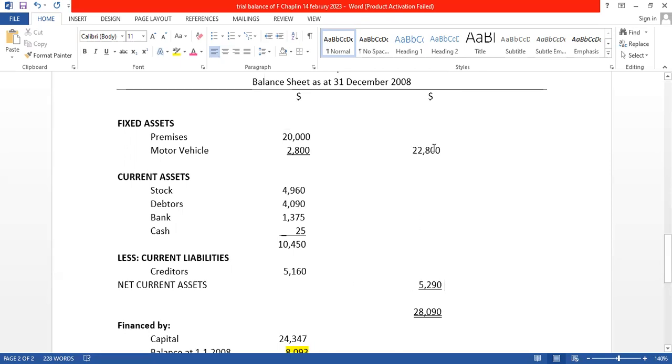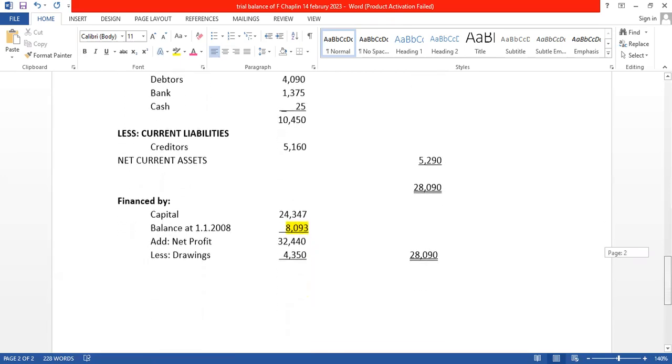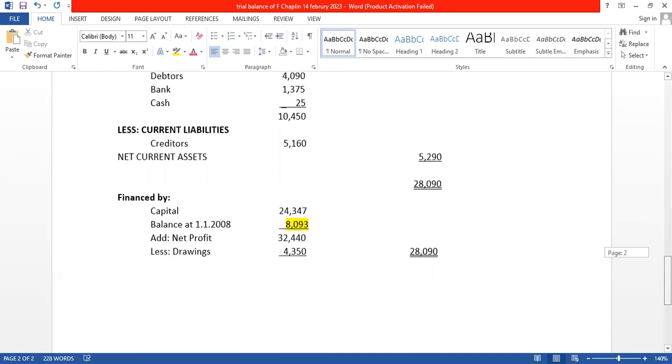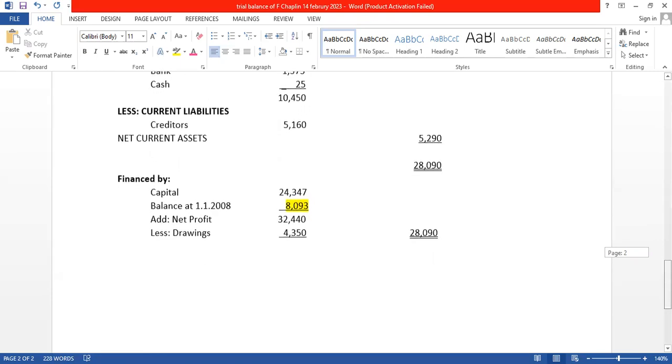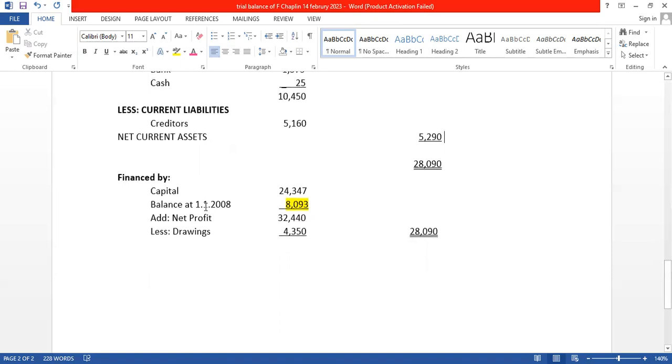So 22,800 plus $5,290, we're going to total it, and then we'll have $28,090. I'm scrolling back down so you can see the rest of the balance sheet.